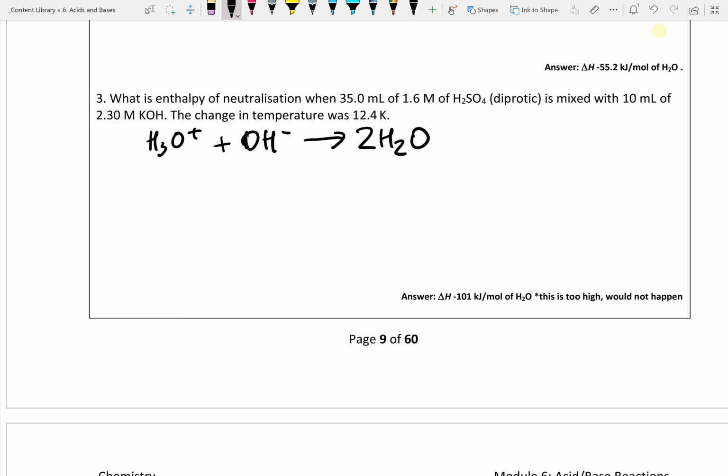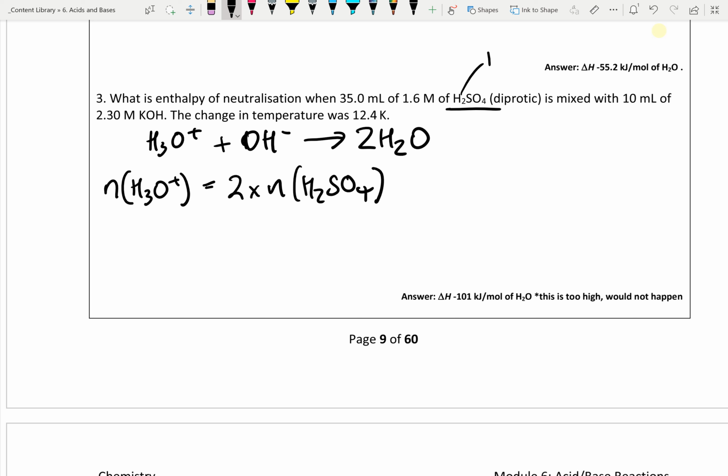Now, that means all you need to figure out is how many hydronium ions you have. And in this case, it's going to be 2 times the moles of H2SO4 because it's diprotic. That's to say, it's going to produce 2 lots of H3O+ if you write out its ionization reaction with water.